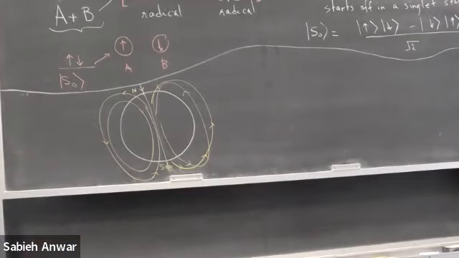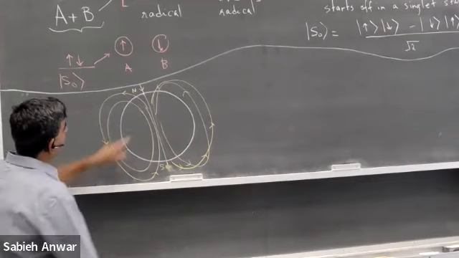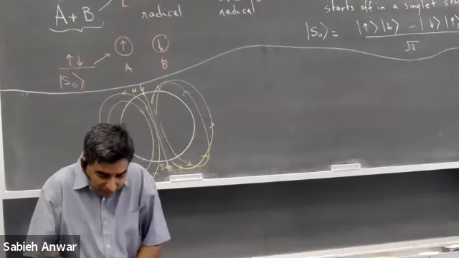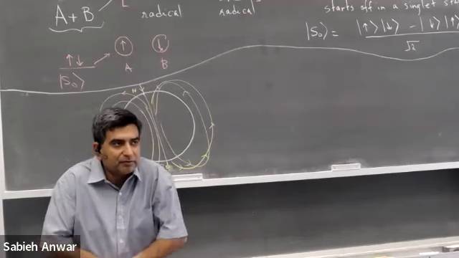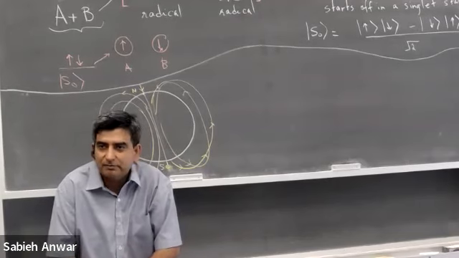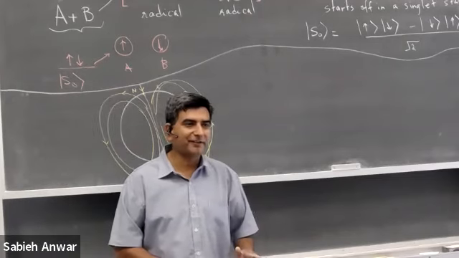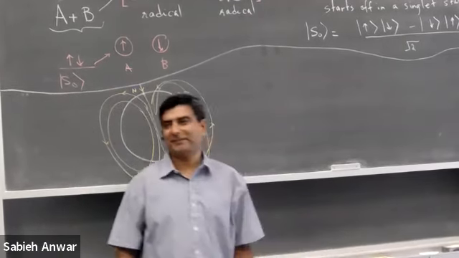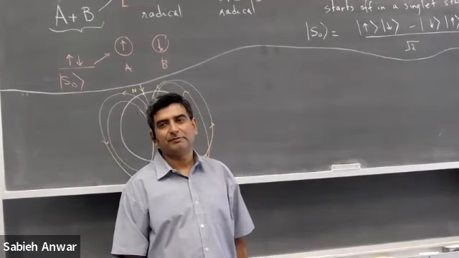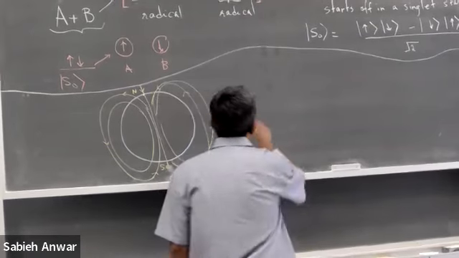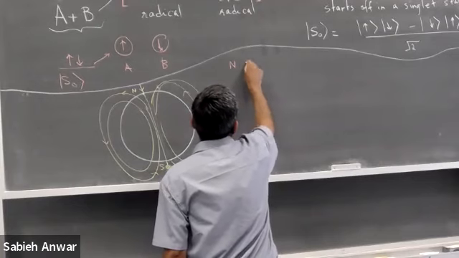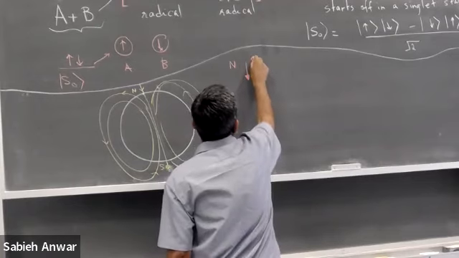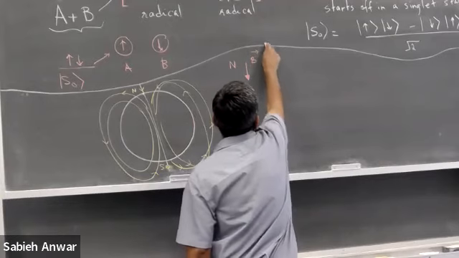Now, if you were standing at the pole, the magnetic field will be pointing straight down, vertically down. If you're at the equator, the magnetic field would be parallel to the surface. So at the North Pole, for example, the field will be pointing downwards.